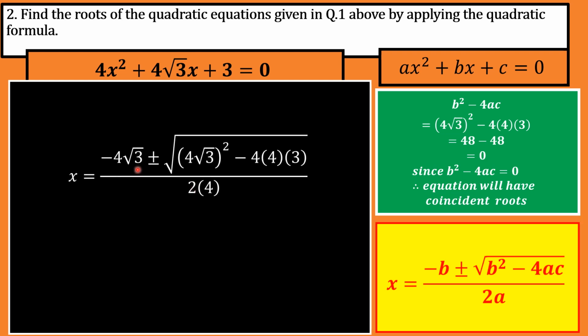We replace the values of b, a, c from the equation, and on solving we get this, right? Minus 4 under root 3 upon 8. It will be simplified as 4 ones are 4, 4 twos are 8, minus under root 3 upon 2. That is the root for the given equation by the quadratic formula, right?